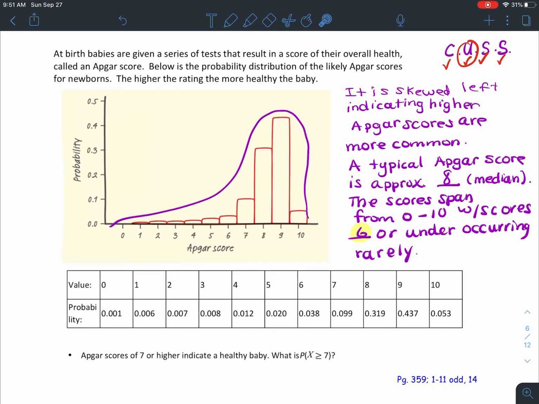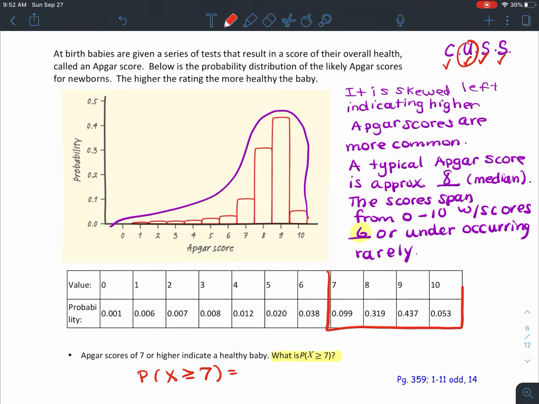Anytime something has a 5% or really under a 5% likelihood of occurring, we say it's considered very rare or unlikely to occur. If I go through, I can see these are all under 5% until I get to an APGAR score of 7. So that's why I'm considering all these APGAR scores that are 6 or under as occurring very rarely, because they are underneath that benchmark of 5%.